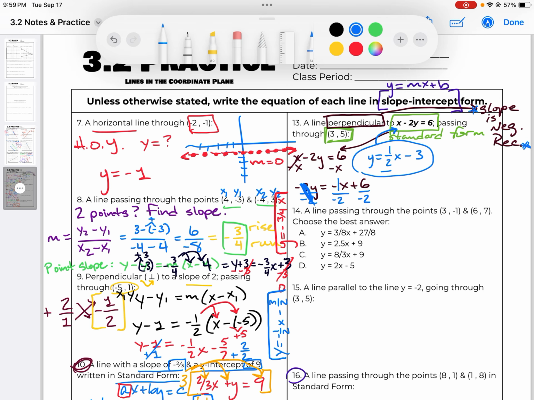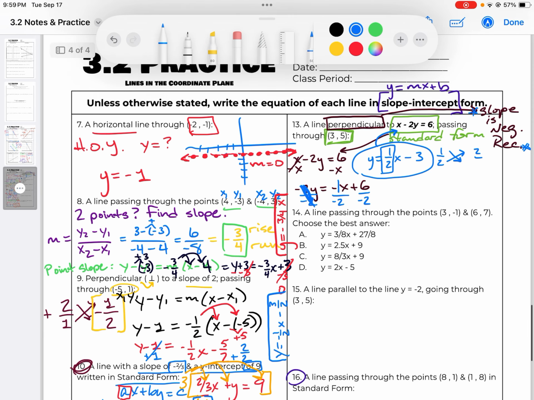So if I have a slope there of 1/2, to find its negative reciprocal, I'm going to flip the fraction. And I'm also going to change the sign so it goes from positive to negative. Negative 2 over 1, or negative 2, is the slope of my perpendicular line.